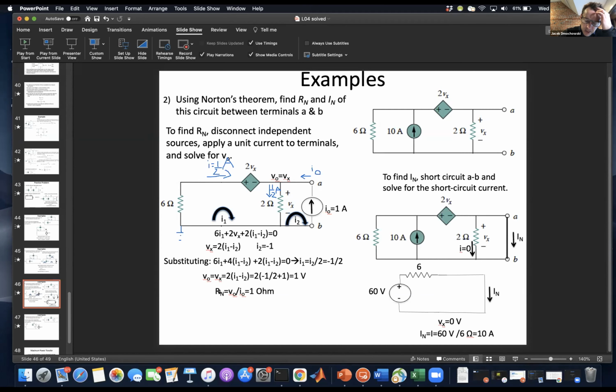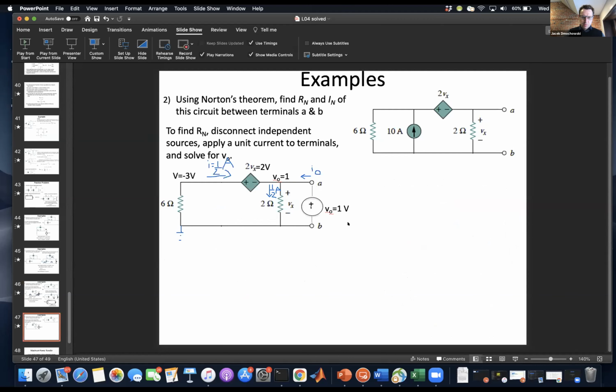In the previous test current approach, we got that V naught is a volt, and we got 1 volt for 1 amp. And in our test voltage, we're plugging in a volt, but I must be doing something wrong because according to this, I now will be equal to 0, which does not make sense.